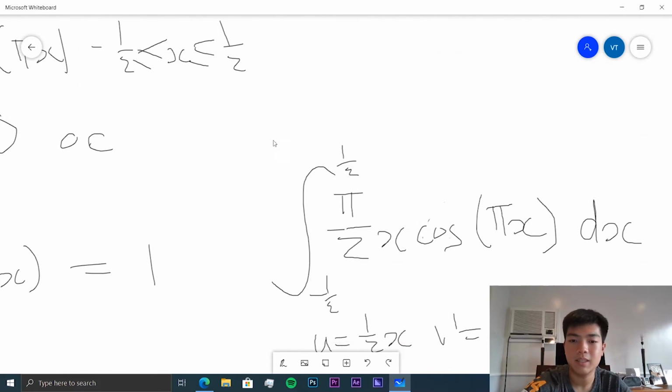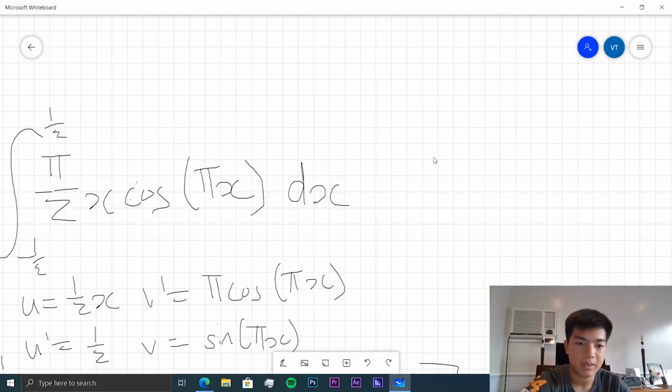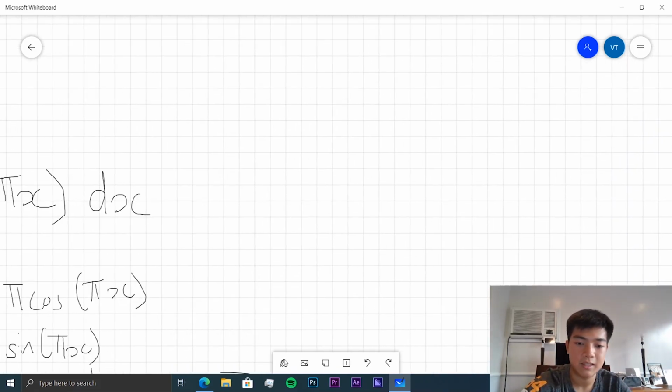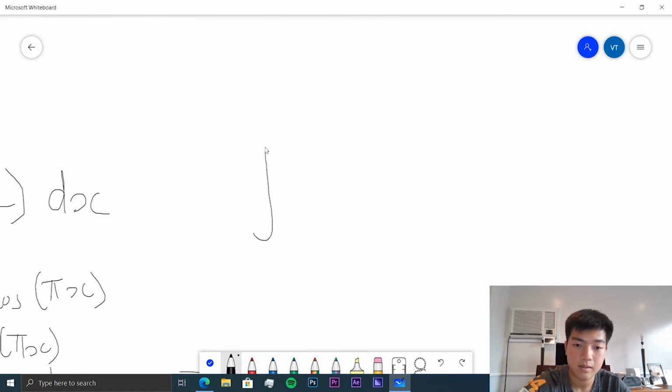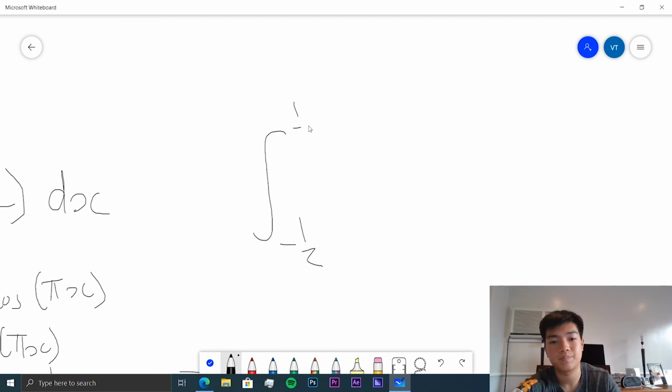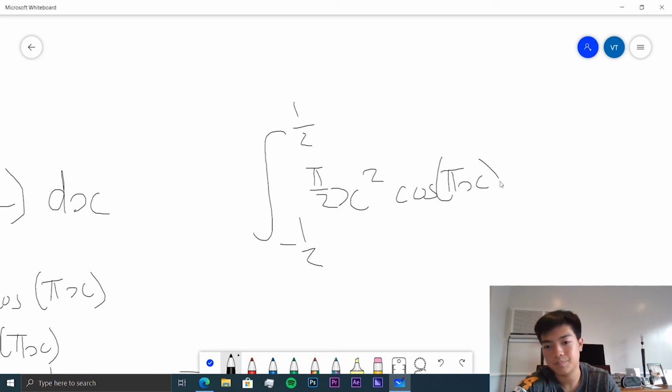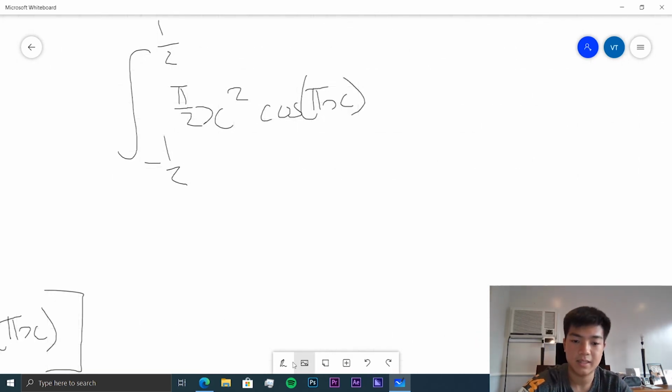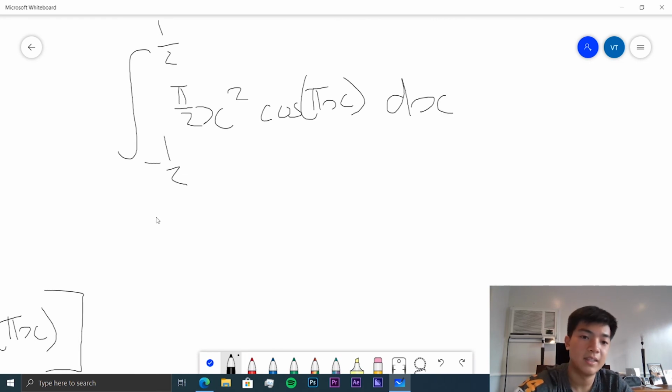And so the variance, we need to find the integral of x squared times this, between -1/2 and 1/2, of x squared, pi over 2 cosine pi x dx. This does not look fun.